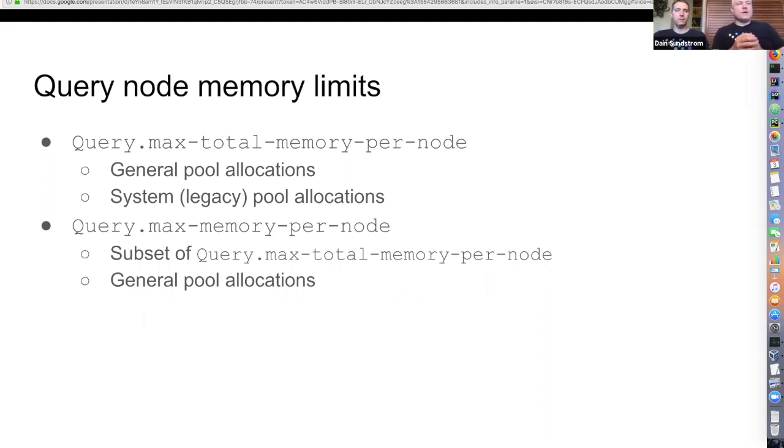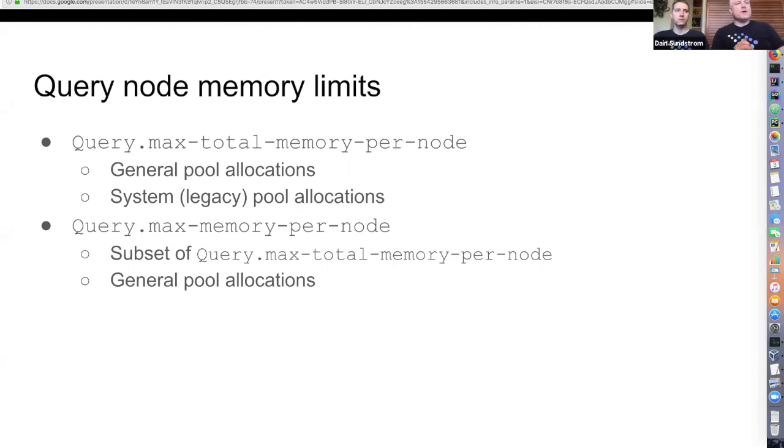So therefore it's something the user controlled, we called it user memory. If it's, hey, this is a buffer that we're using to exchange data between nodes, then that was system memory. And so the idea was that we wanted to limit what users could do, not what the system decides. So we ended up with actually limits on both, I believe is where we're at right now.